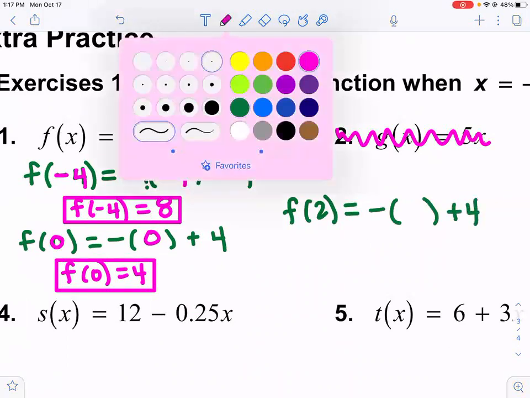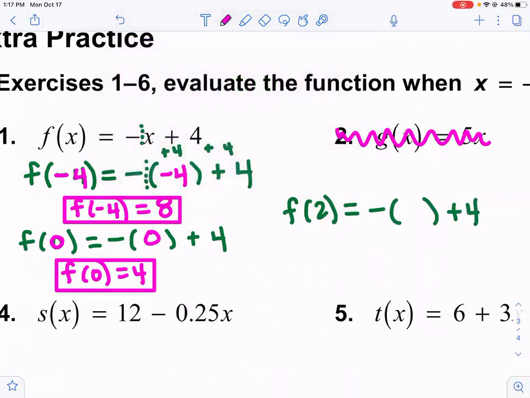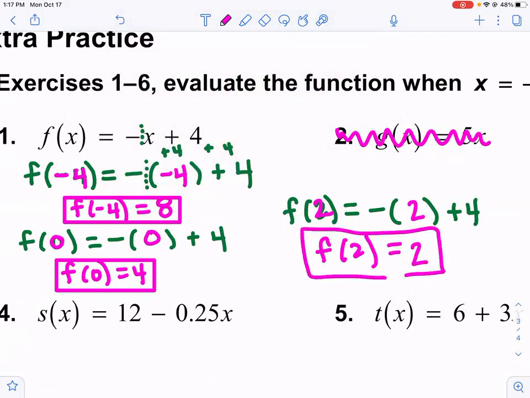But now I'm going to plug in x equals 2 for that x. Negative 2 plus 4. Good. Because it's a negative 2, and the 2's not negative. Correct.